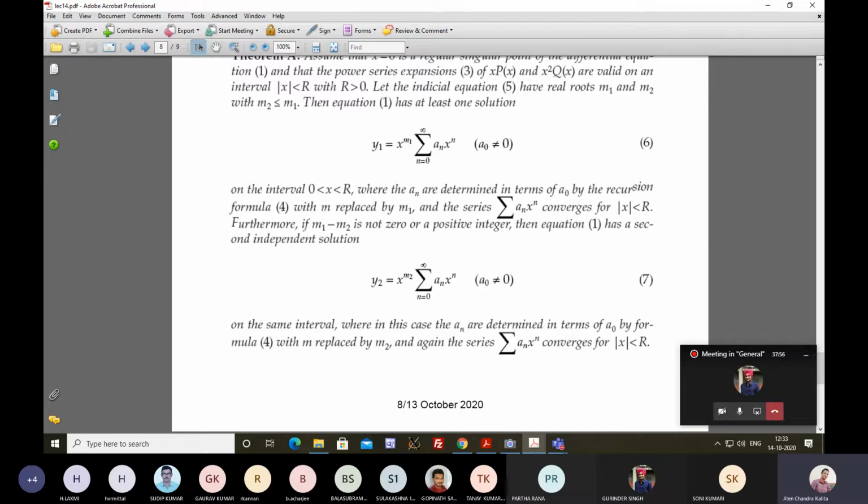This is equal to 0. Okay, no problem. I don't have any problem at all here. Okay, fine. So now let us assume that we have already found out the series corresponding to your m1, right?